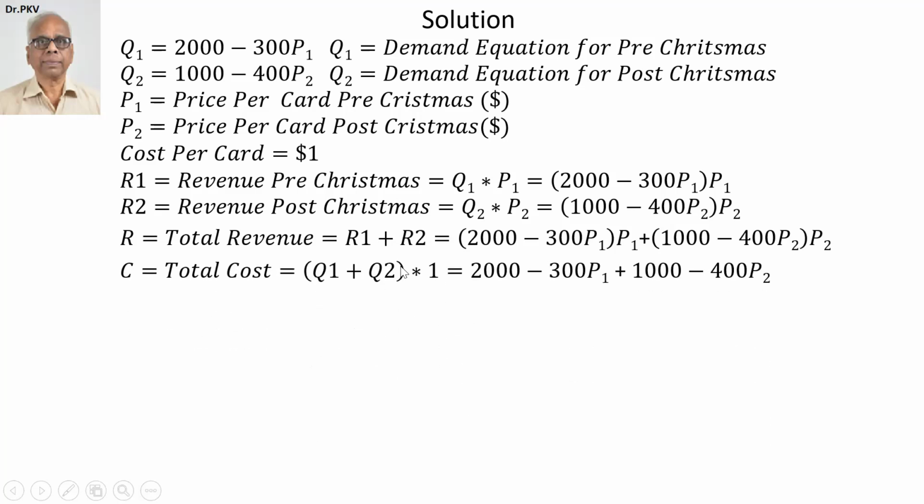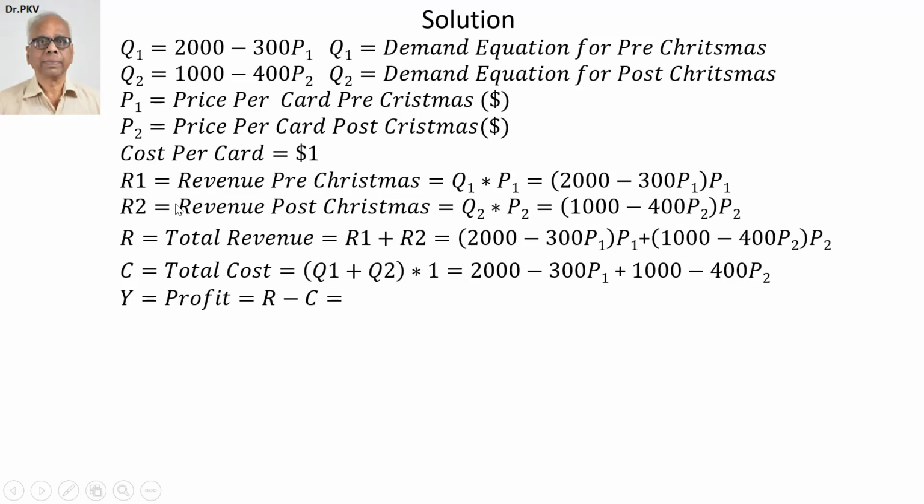C is equal to total cost, which is equal to Q1 plus Q2, the number of Christmas cards pre and post Christmas added, multiplied by $1. So this will be 2000 minus 300 P1 into 1 plus 1000 minus 400 P2 into 1, which will be 2000 minus 300 P1 plus 1000 minus 400 P2.